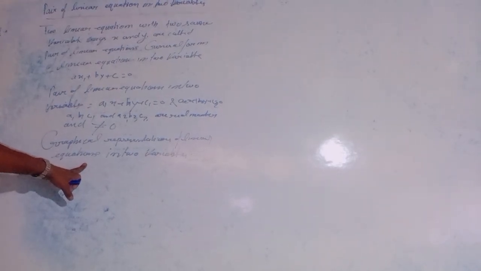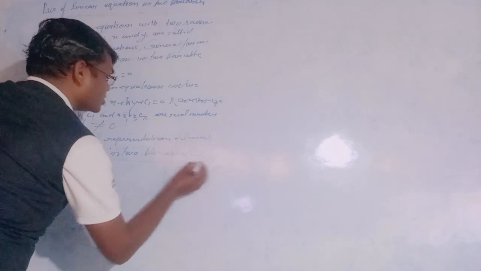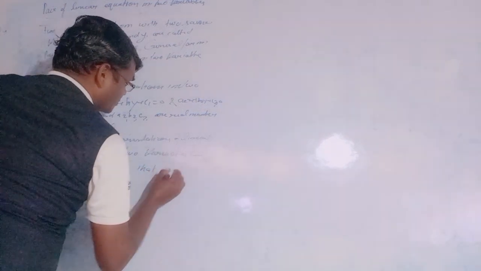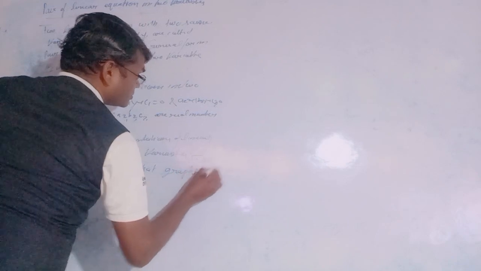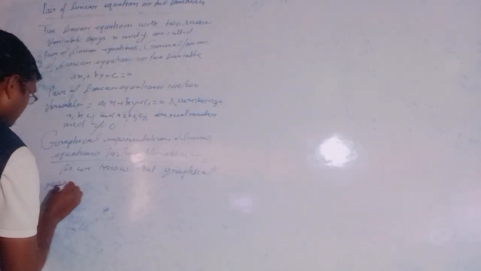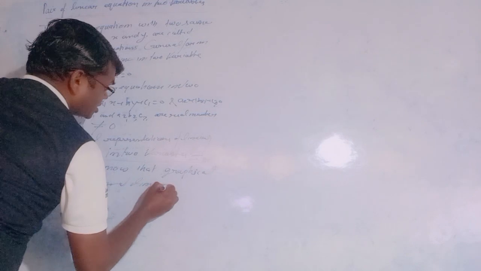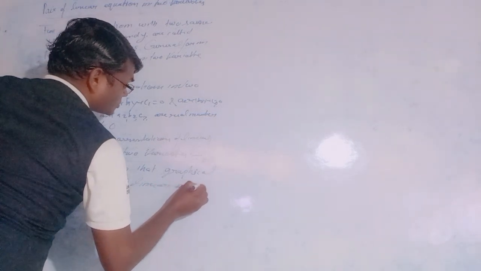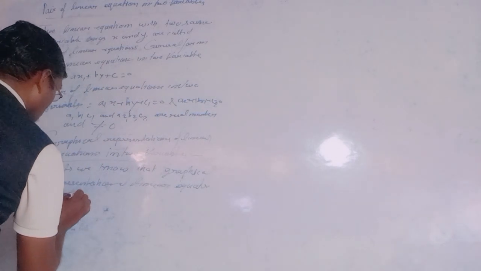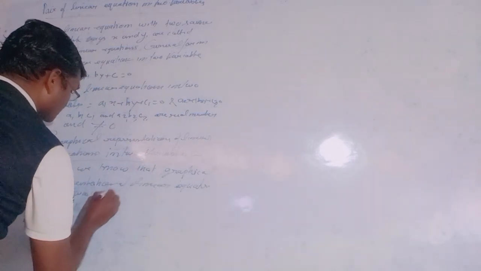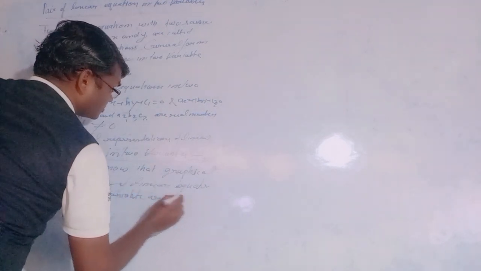As we know, the graphical representation of a linear equation in two variables is a straight line.